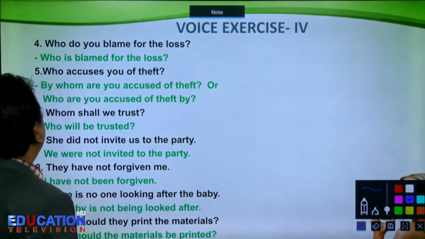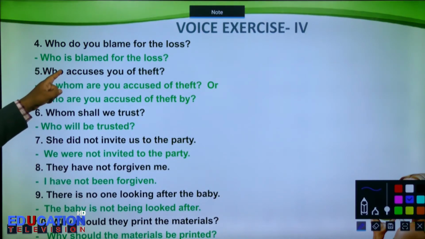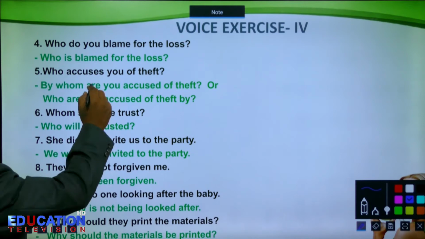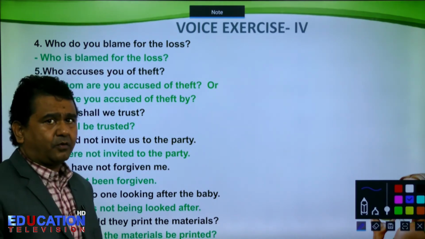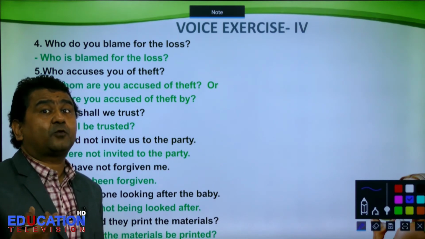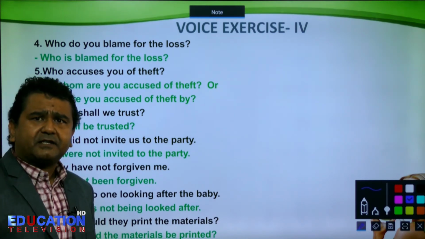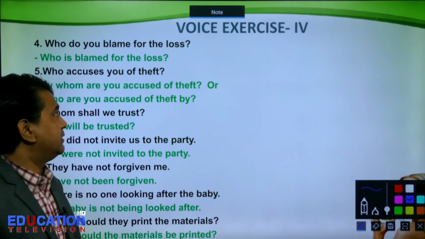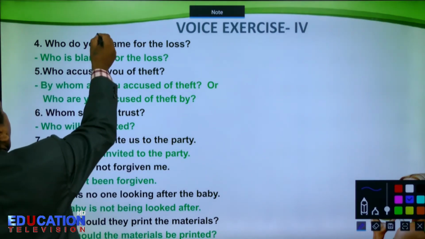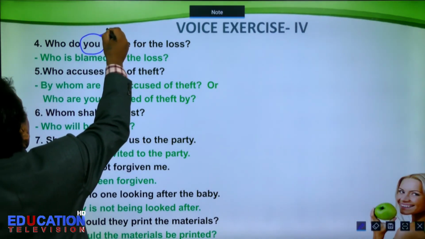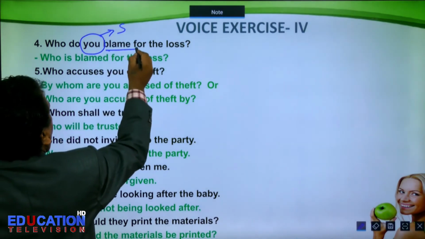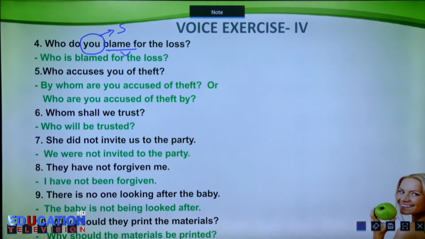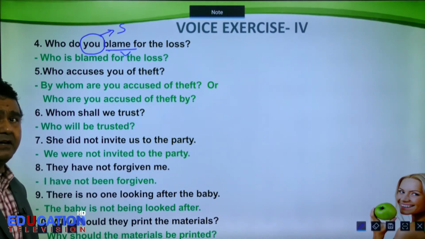Let us see some more. Some more examples are given here. Who do you blame for the loss? Now, whenever there is who, you have to understand whether that who is subject or object. Here, you is subject, and blame is the verb.